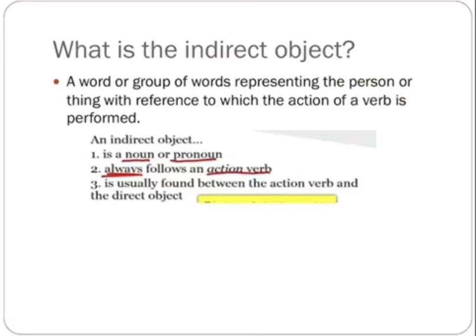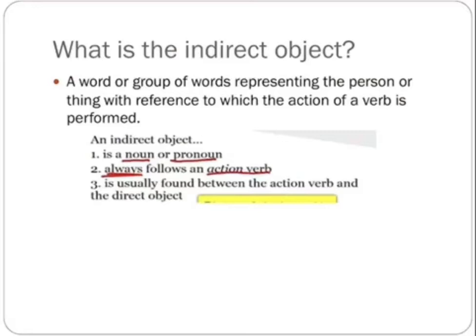How? Let's discuss. What is the indirect object? A word or a group of words representing the person or thing with reference to which the action of a verb is performed. Basically, it refers to the action. It is sometimes written along with a preposition, and it is a noun or a pronoun that always follows an action verb.